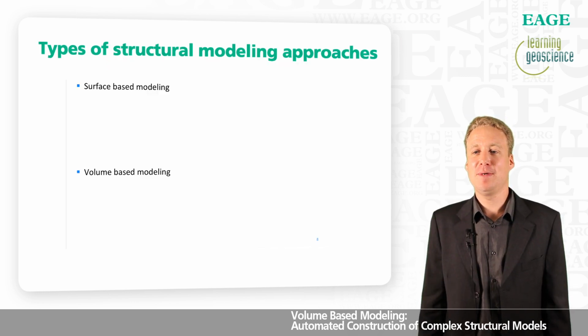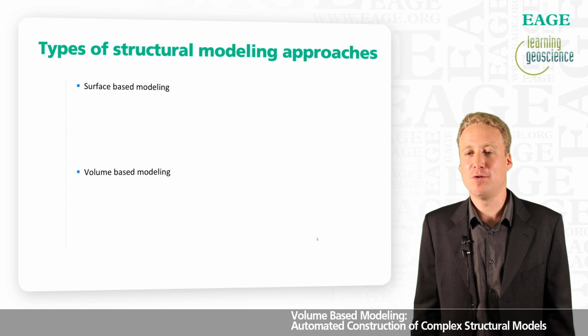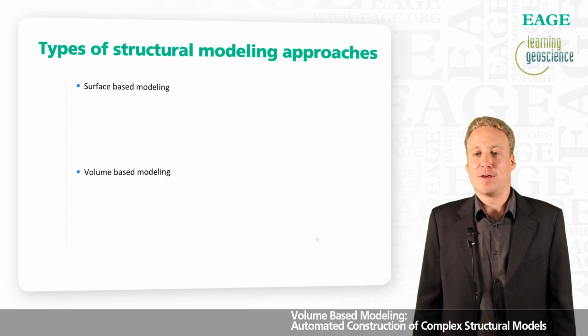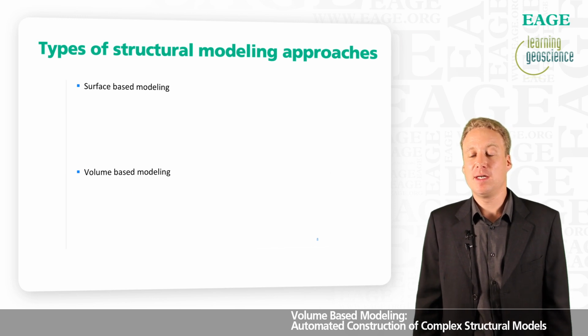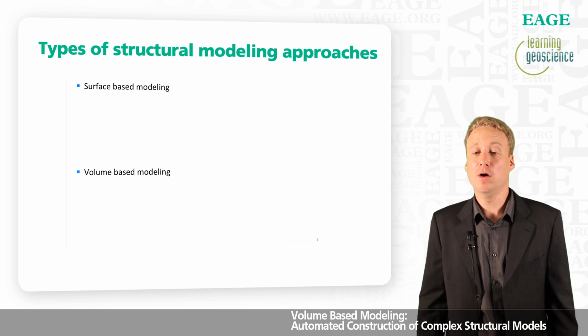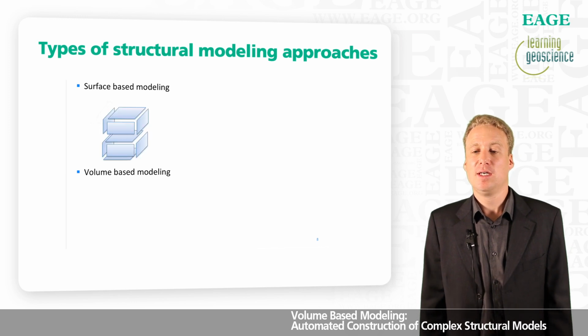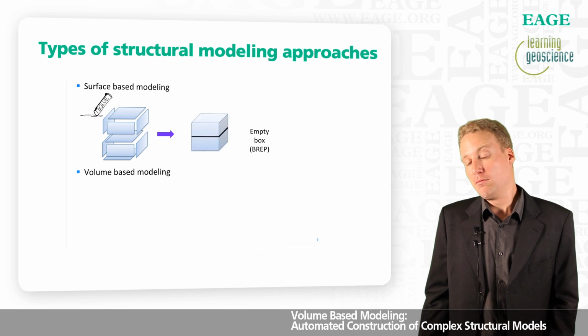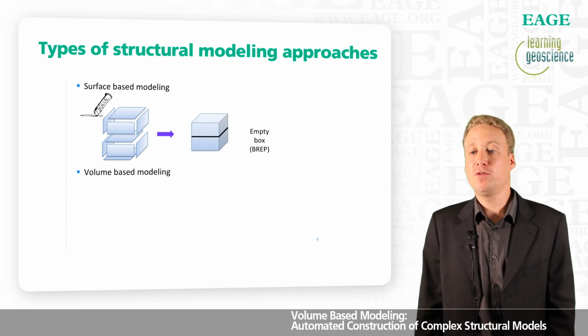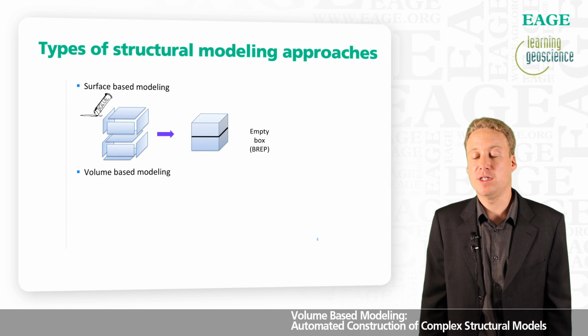So there are two main families of structural modeling approaches. The first one is called surface-based modeling, and it consists in modeling independently from each other horizon and fault surfaces. These surfaces are then cut by each other and glued to each other in order to form a boundary representation.